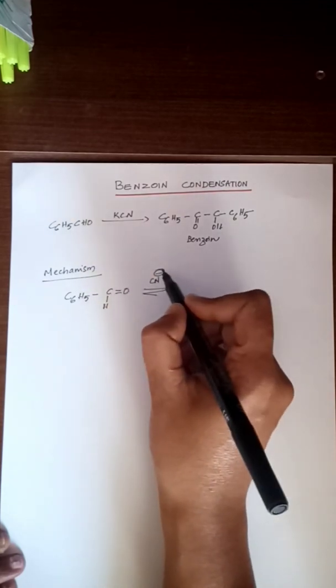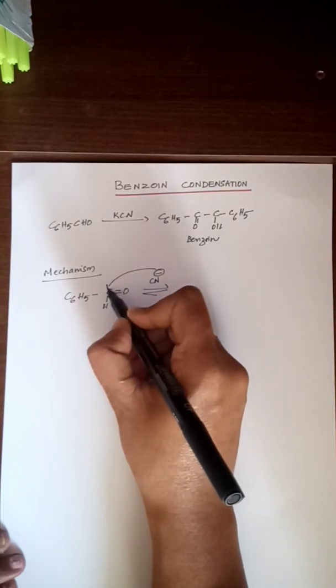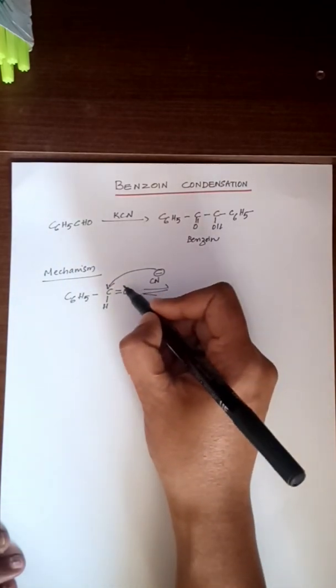Cyanide ion has the negative charge, and we have the electrophilic carbon in the carbonyl group.